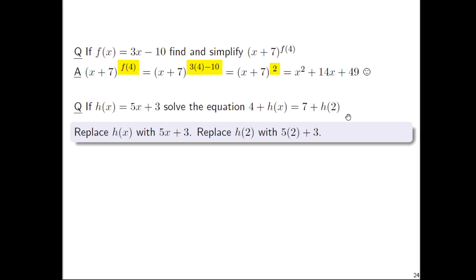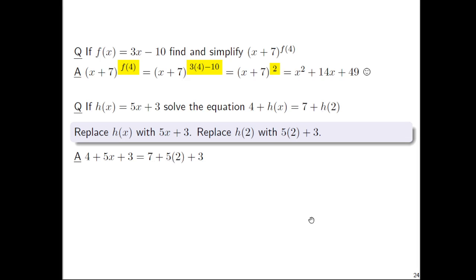All we really need to do, in writing this equation down, is replace the h of x we see on the left side with 5x plus 3, because that's what h of x is. Also, replace the h of 2 that we see on the right side with 5 times 2 plus 3. So it's just applying the function, and we'll get 4 plus 5x plus 3 equals 7, copying that 7, plus, and then h of 2 gets replaced with 5 times 2 plus 3.